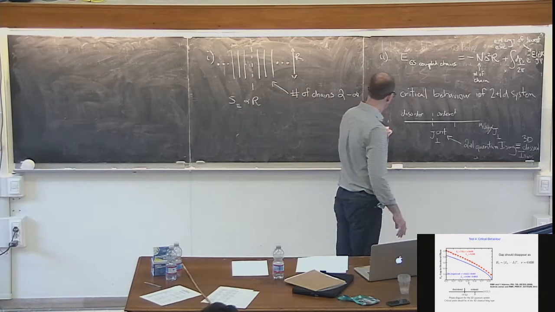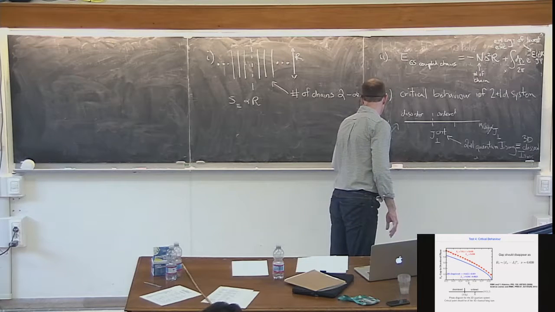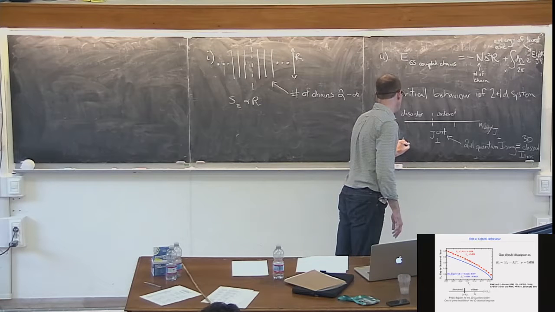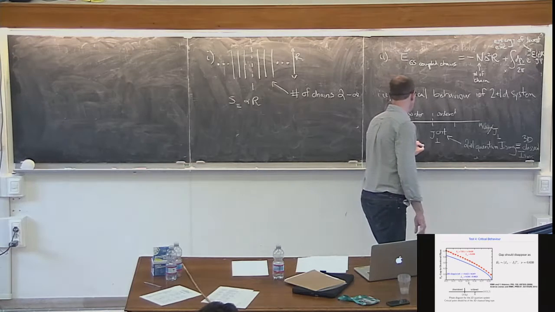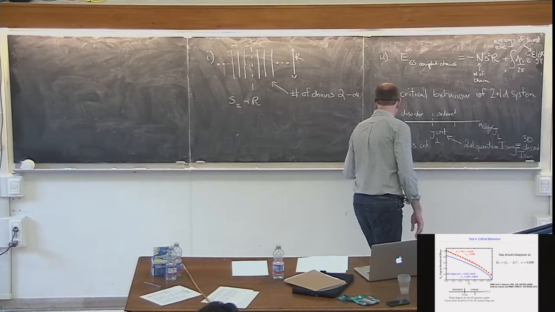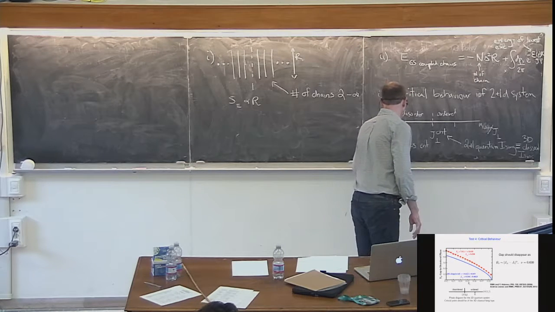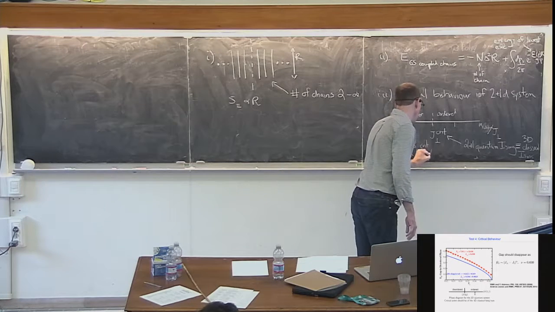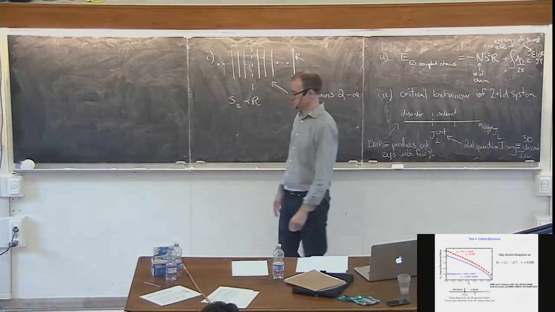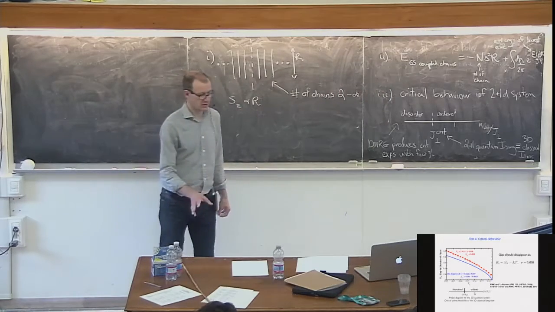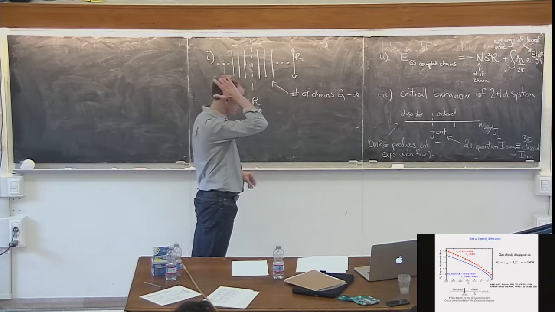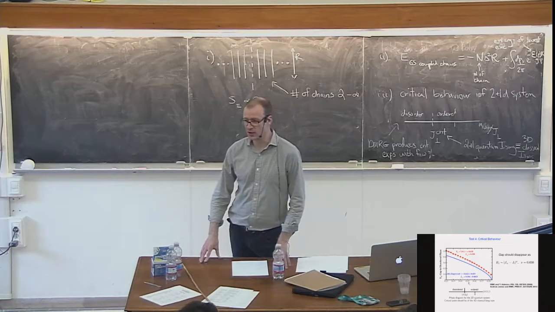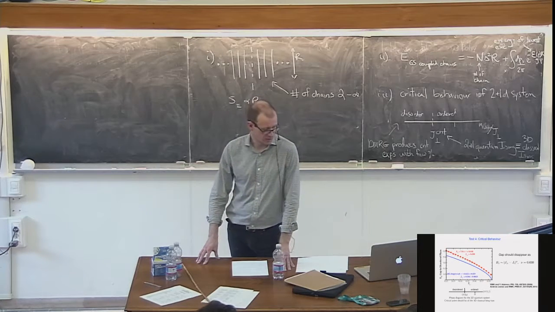So for this particular example, DMRG produces the critical exponents within a few percent, which is pretty good considering the method. So what I want you to take away from this is that the method is at least working in one example of a 2 plus 1 dimensional system.